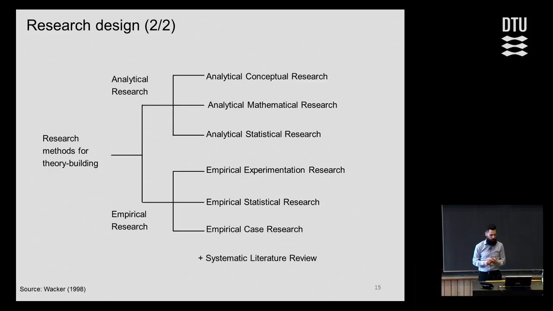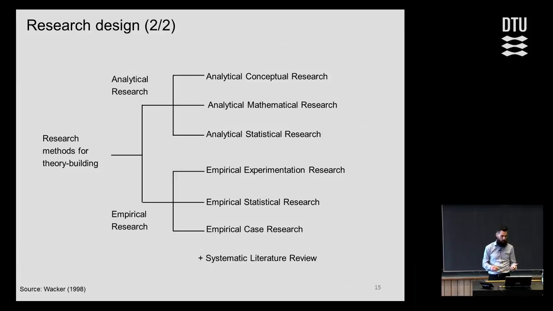A paper from 1998 by John Wacker, published in the Journal of Operations Management, is one of the first and one of the most used resources for finding out what the best research methods are depending on the research problem.